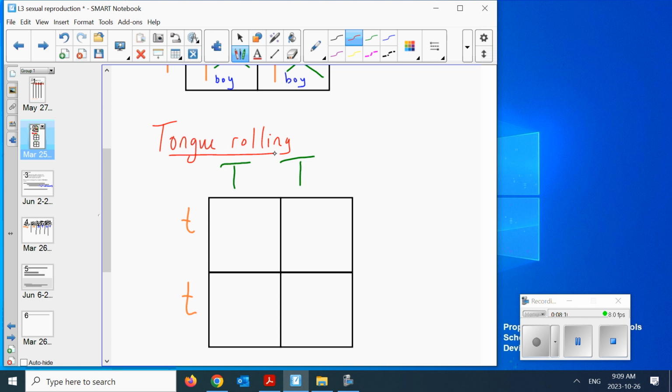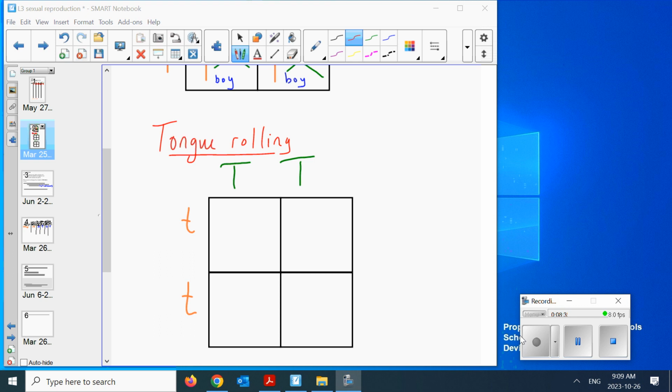No? Okay. With tongue rolling, it is possible to have two parents that can tongue roll and be born without the ability to tongue roll. How does that work?